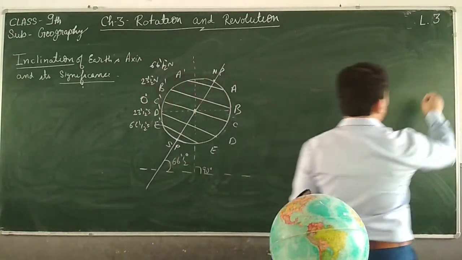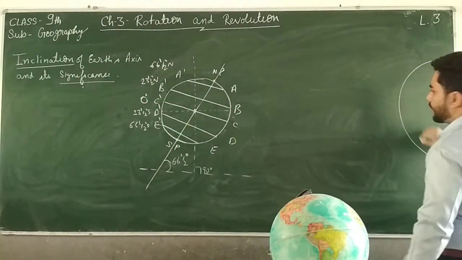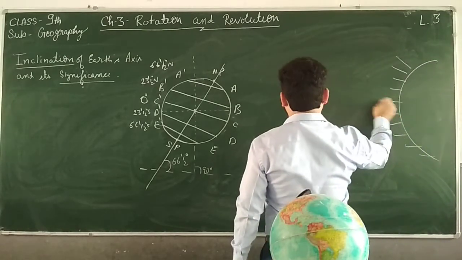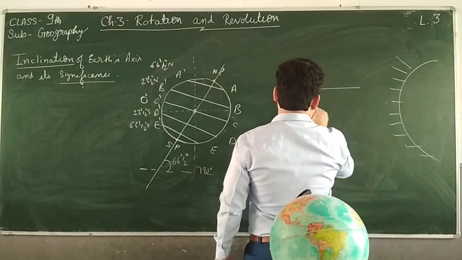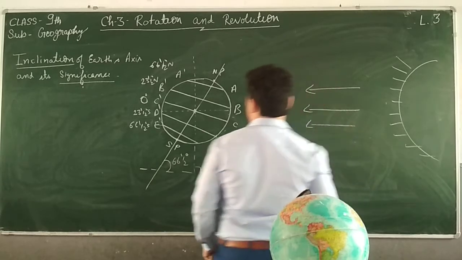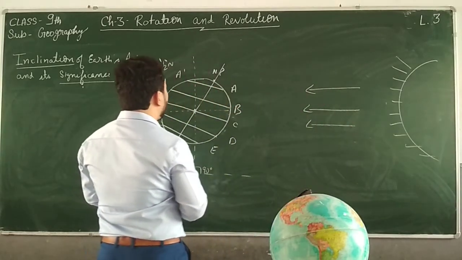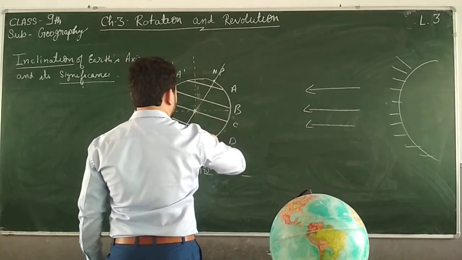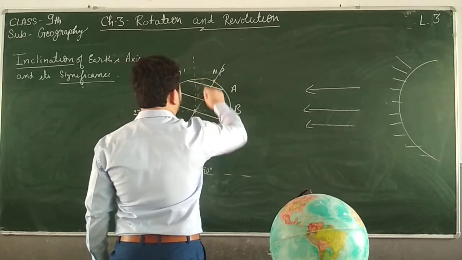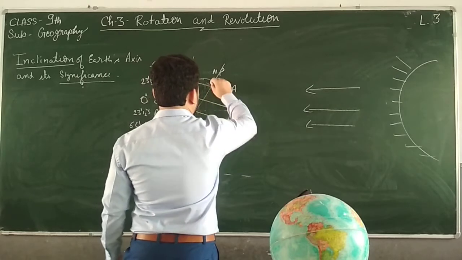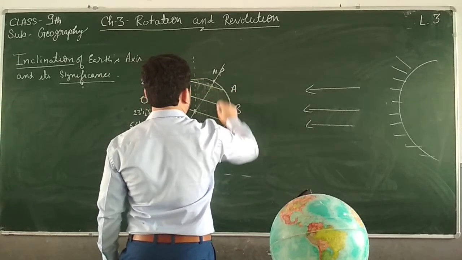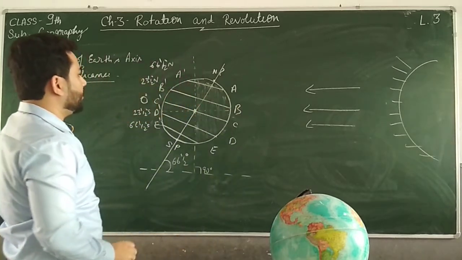Right now we will just draw the sun here like we drew earlier, and the sun rays will fall on Earth, right? In this manner, and half of the Earth will be illuminated in this manner. Clear?